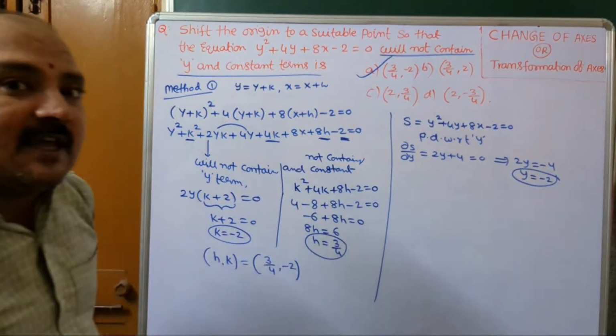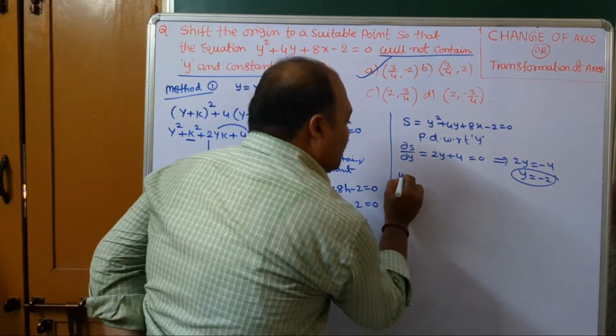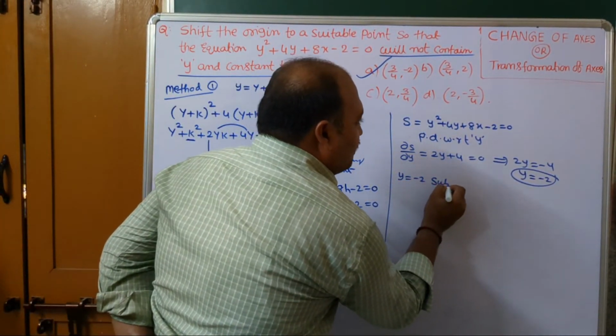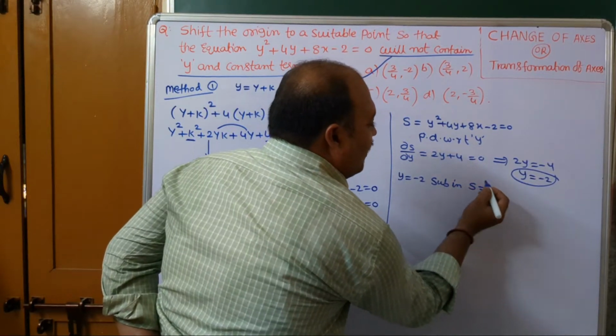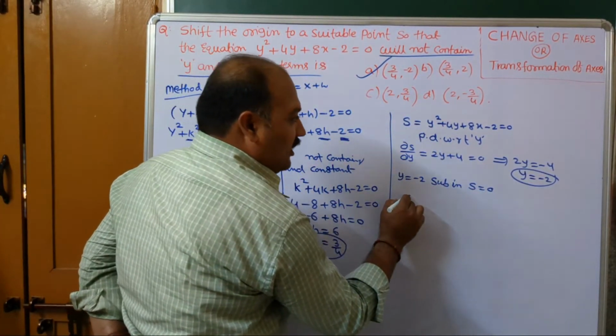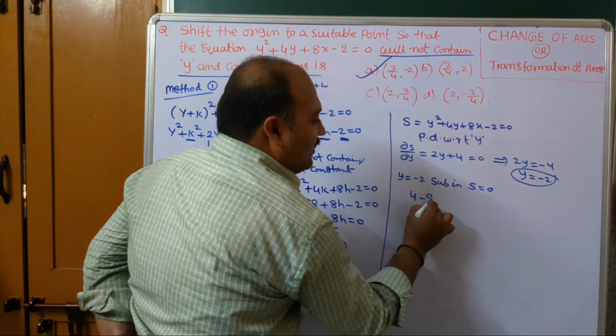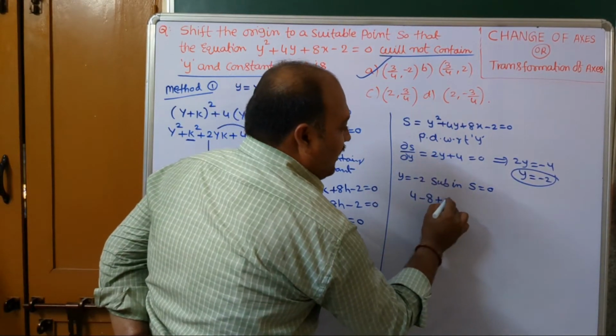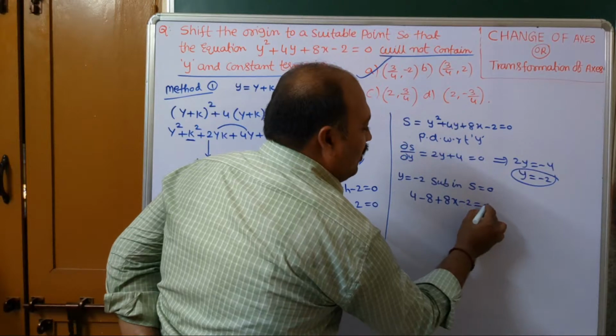So y means k value. Y is equal to minus 2. Substitute in S equal to 0, wherever y is there: minus 2 whole square 4, minus 8 plus 8x minus 2 equal to 0.